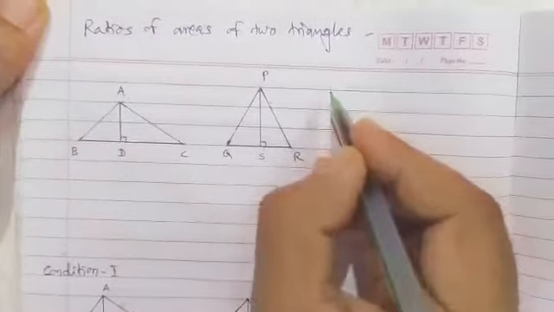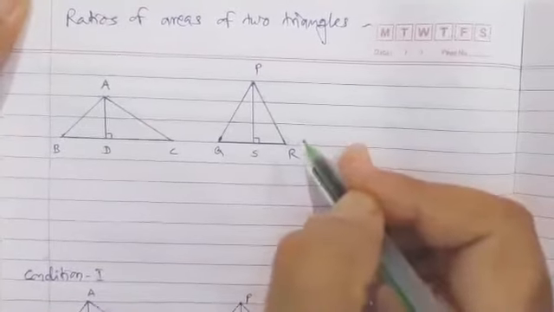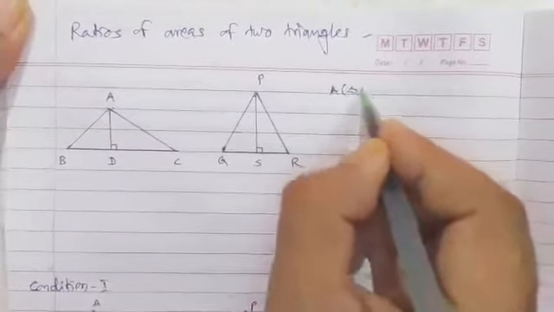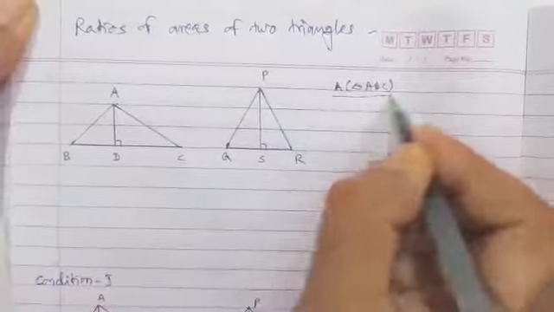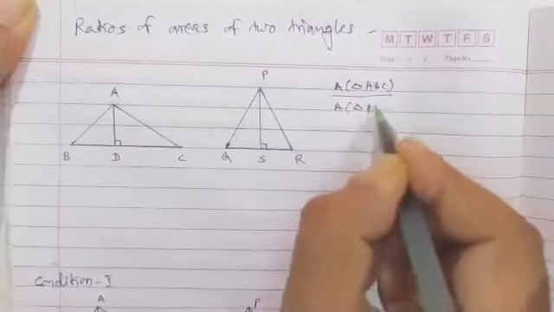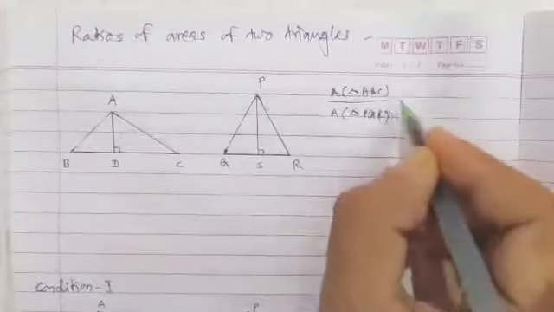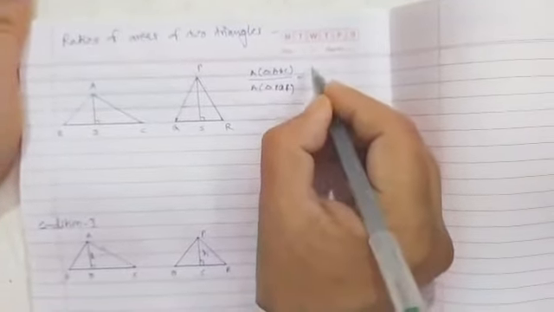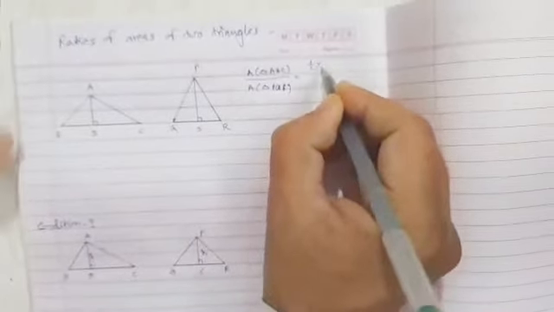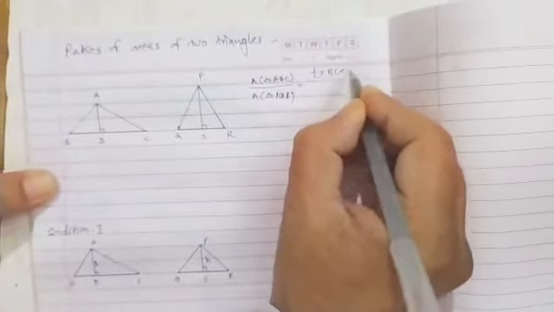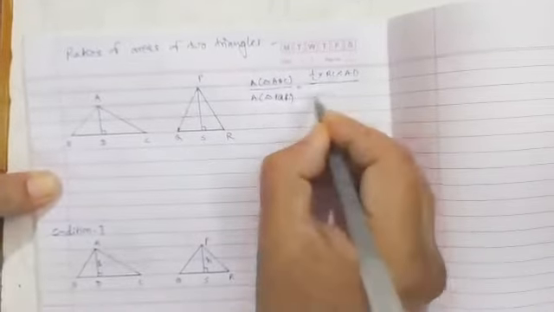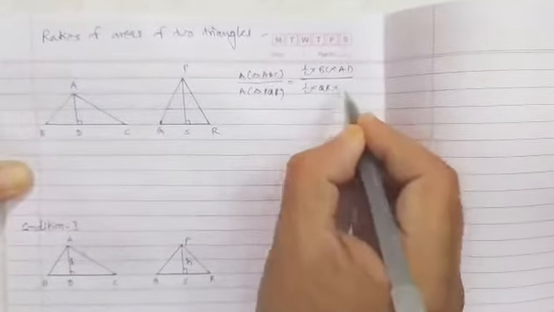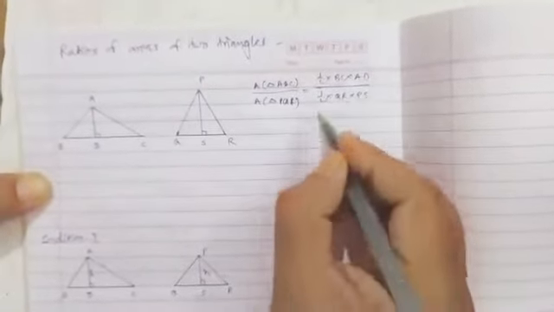So we take the ratio of these two triangles, that is, area of triangle ABC divided by area of triangle PQR. We know by the formula, 1/2 into base into height. So 1/2 into BC into AD divided by 1/2 into QR into PS.